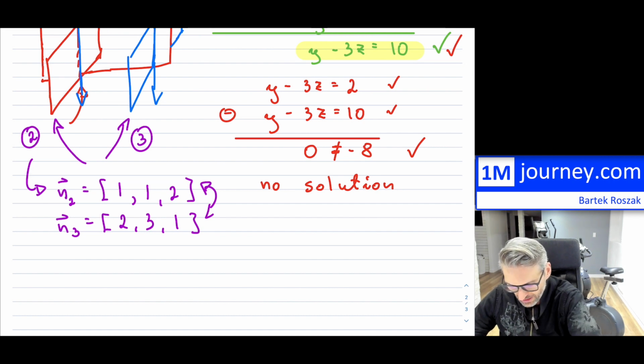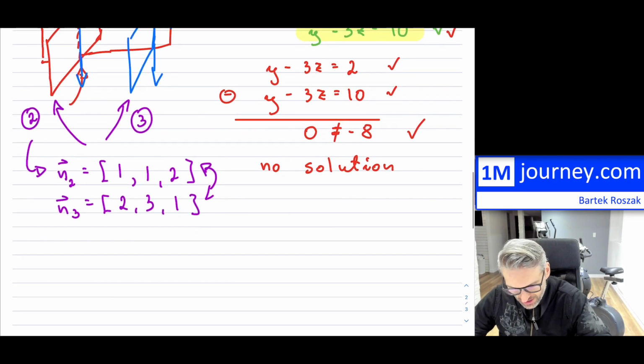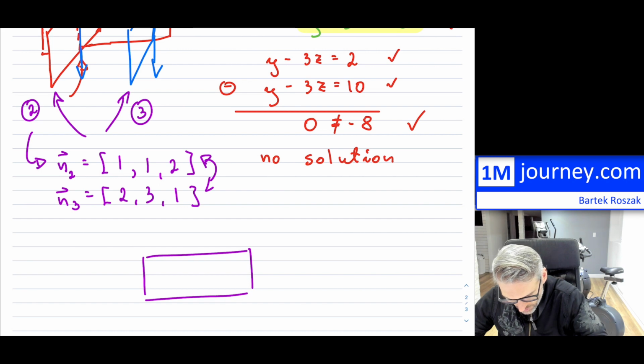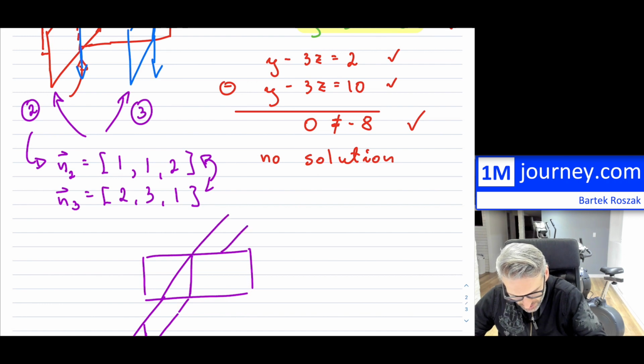So meaning plane 2 and plane 3 must intersect. So what you actually are referring to now is you have one plane, you have another plane, which is going to intersect over here, like so, and this continues on over there. So it's intersecting right here.